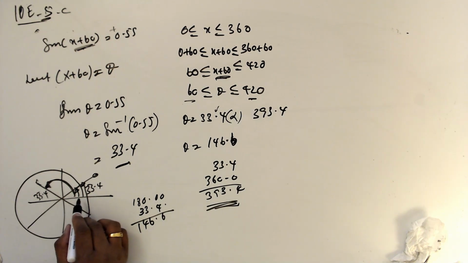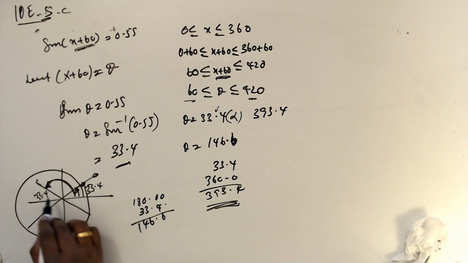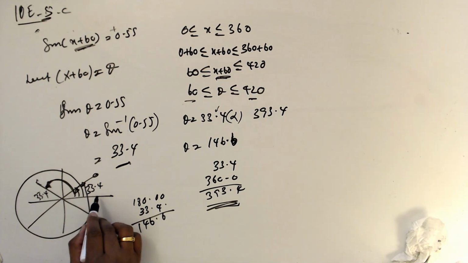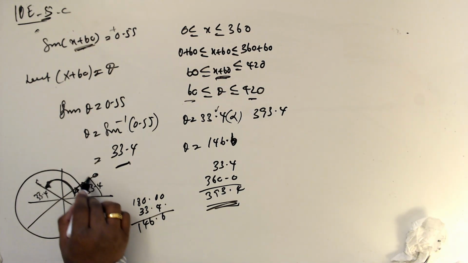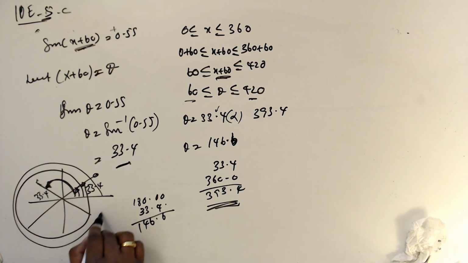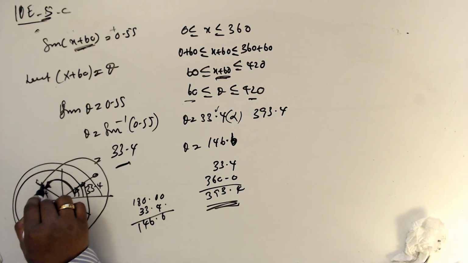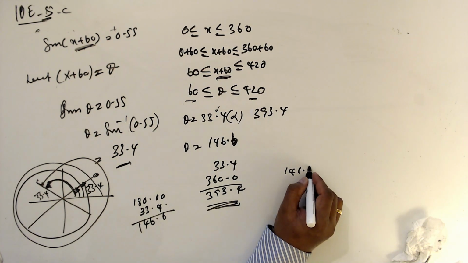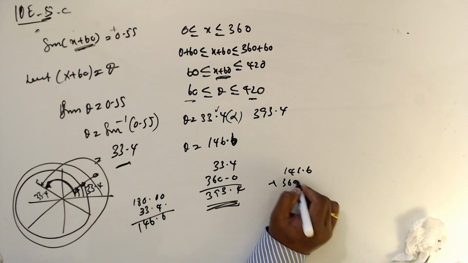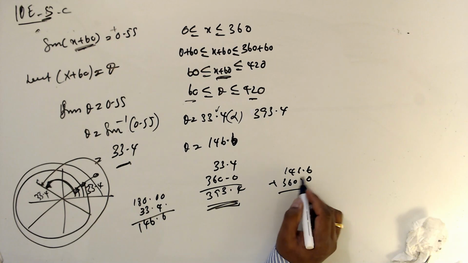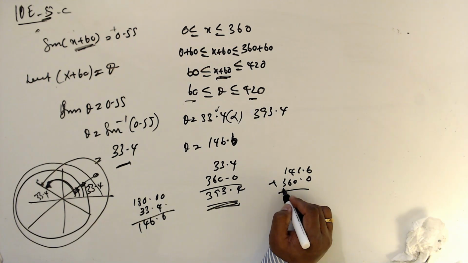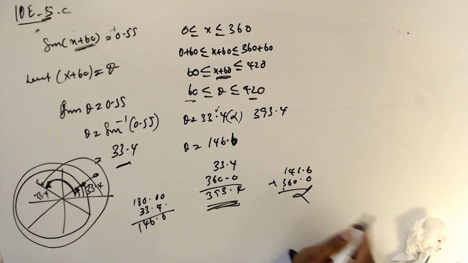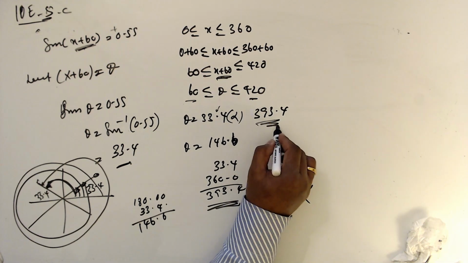The other one is here. So we'll start from here. Go full round 360 and come back to it. It means 146.6 plus 360. So this is going to be 400, 500. So this is out of range. Only two answers there.